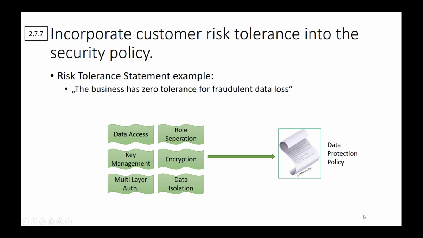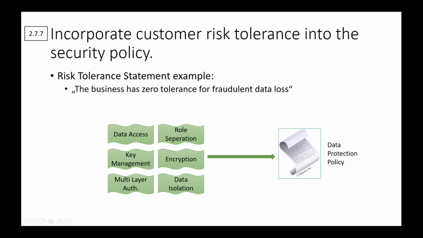This one would be addressed as a risk that would have far too large of an impact and should be addressed accordingly with any means necessary. So they have zero tolerance for fraudulent data loss, and they need to do everything they can to make sure that doesn't happen, though even then things tend to happen because of zero-day exploits and so on.